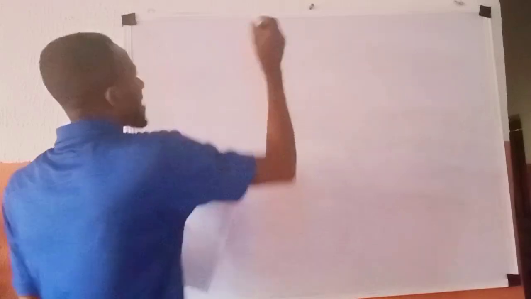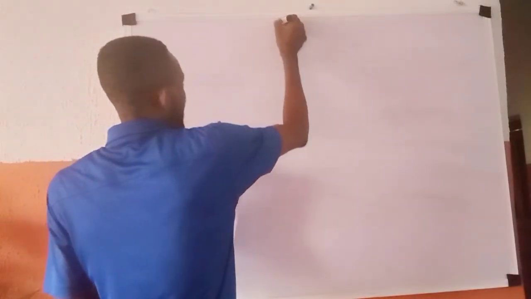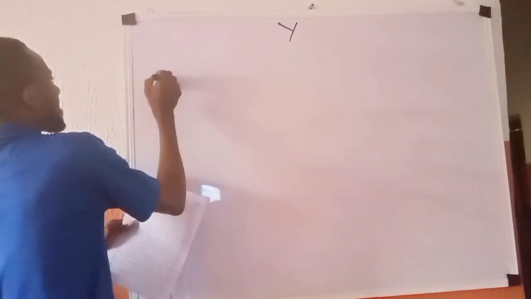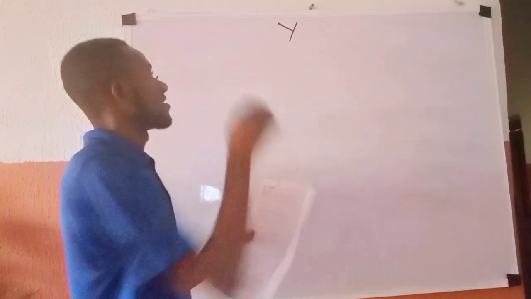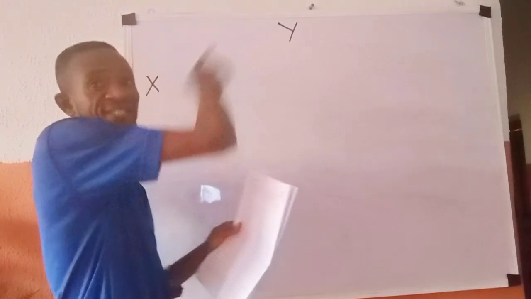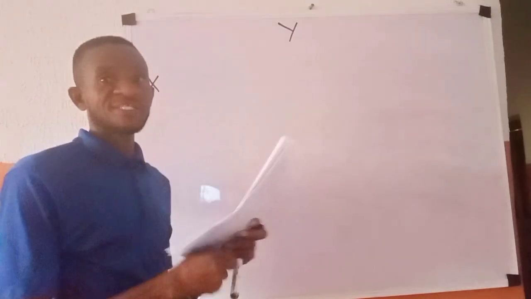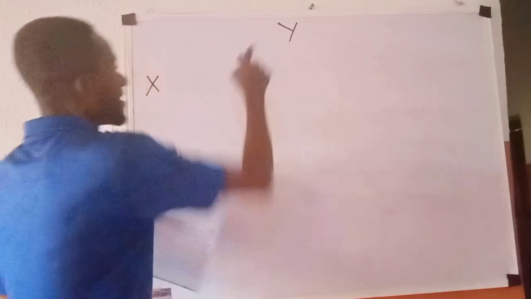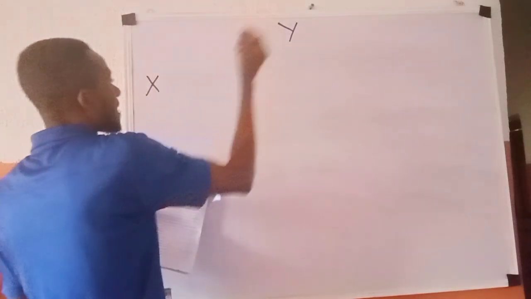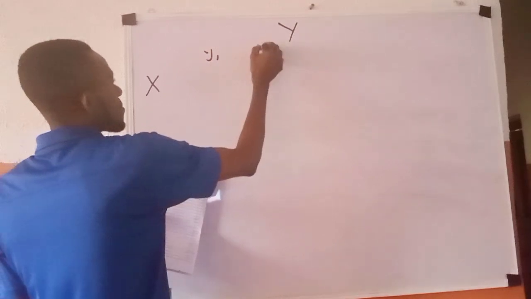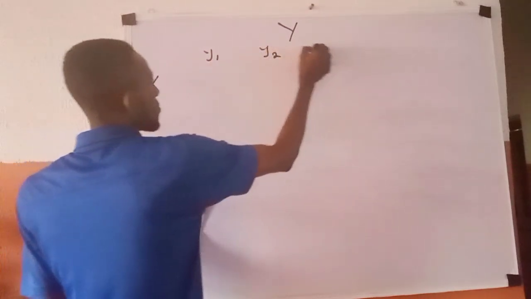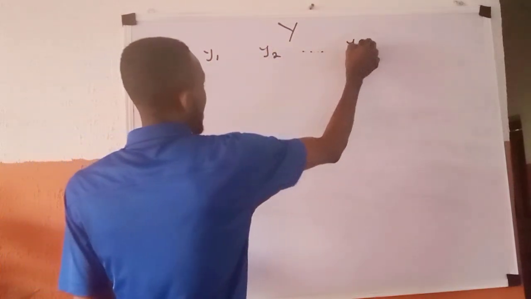Okay, I have a random variable y. I have another random variable x. This random variable x and y, they are defined on the sample space. And this random variable takes up values y1, y2, up to yn.